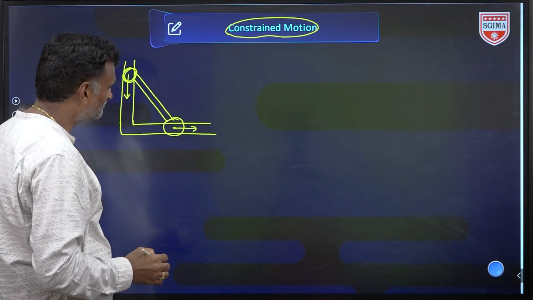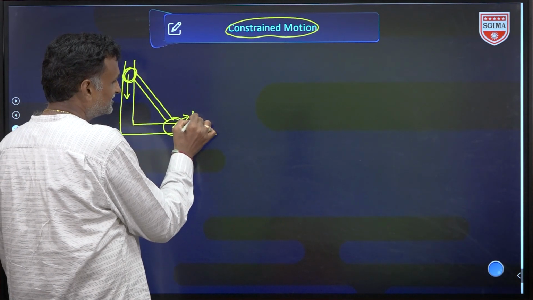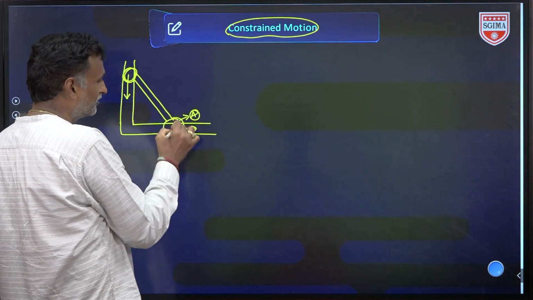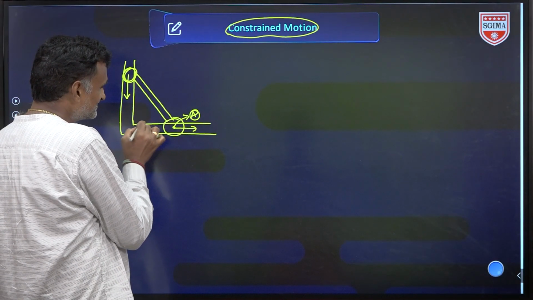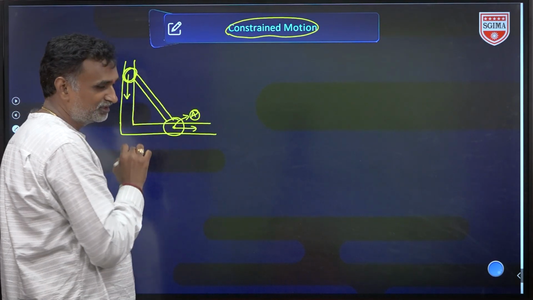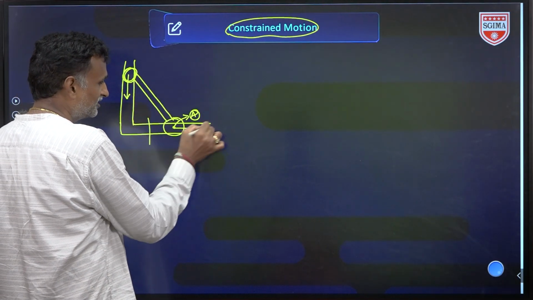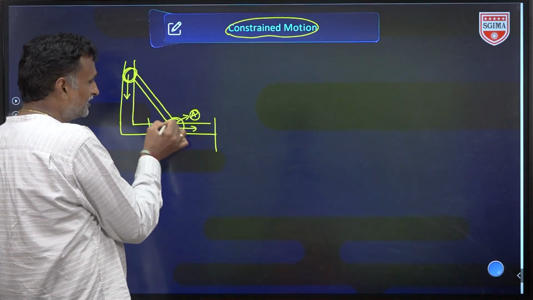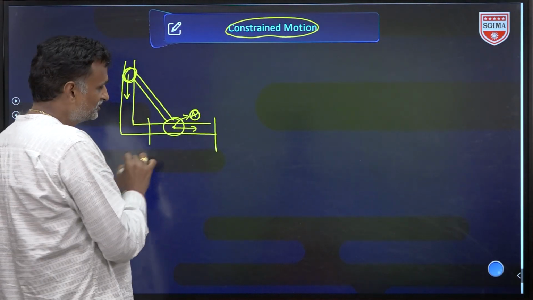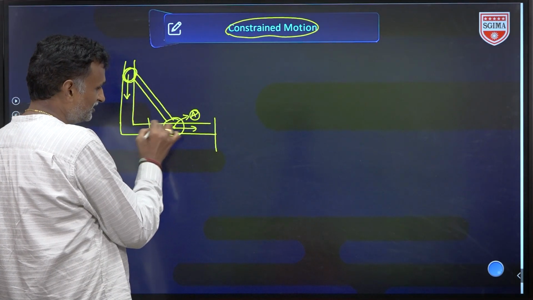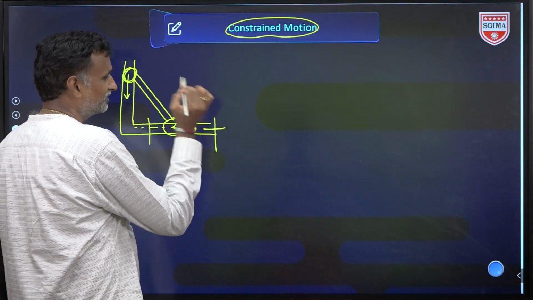Suppose this point is A of the rod, the wheel joining point. A is restricted to move along the horizontal track itself. From here to here, you can see it is not allowed to move other than this path. If it is allowed to move freely, it would definitely move along this path.